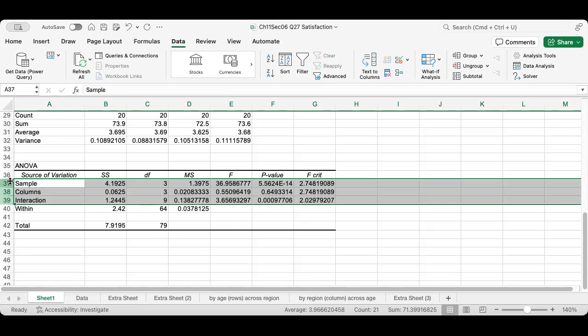So, first question. Rows, columns, interactions. It says sample. I'll live with that because I didn't label the rows or the columns. So the rows have an effect.